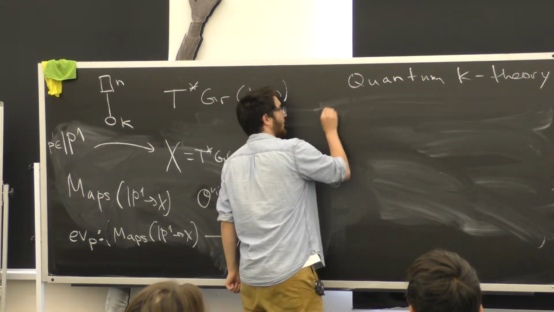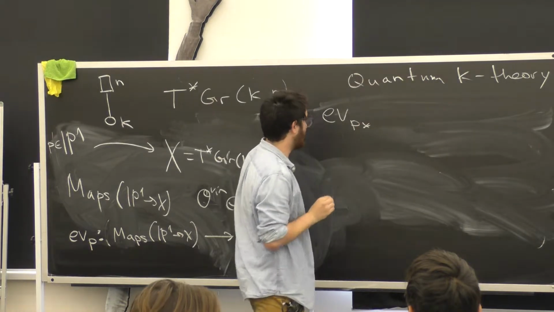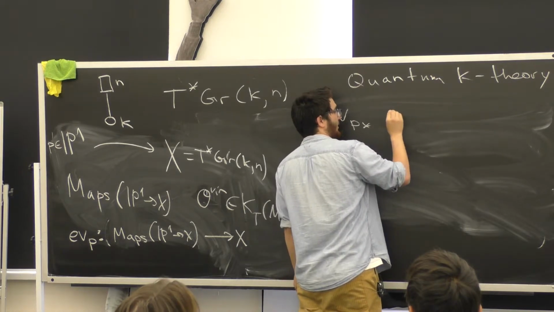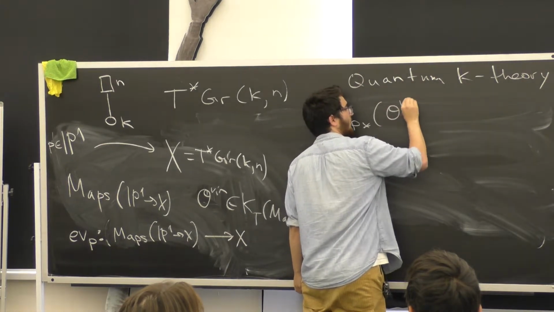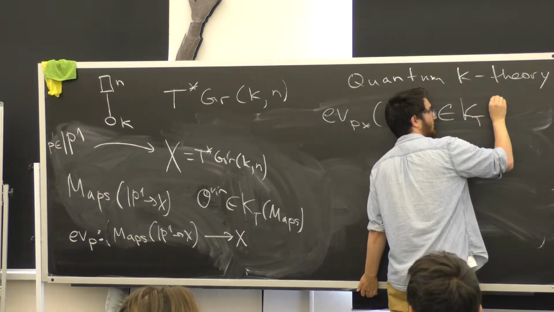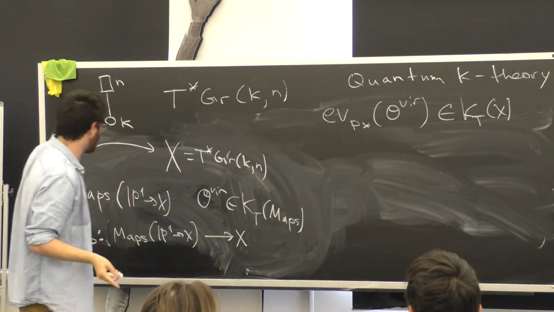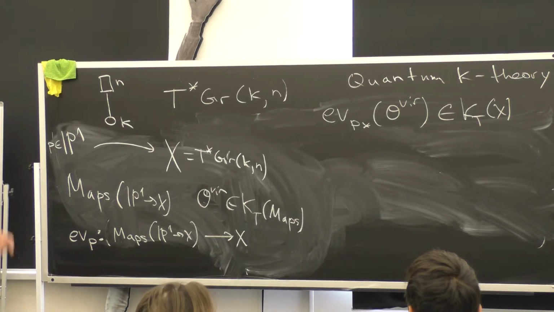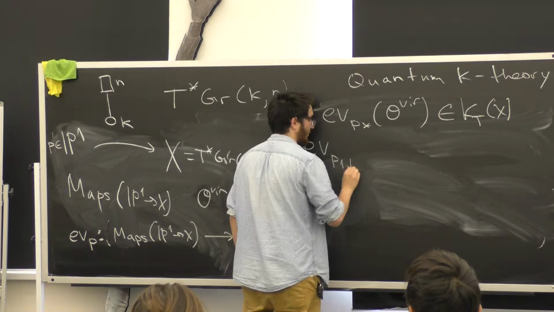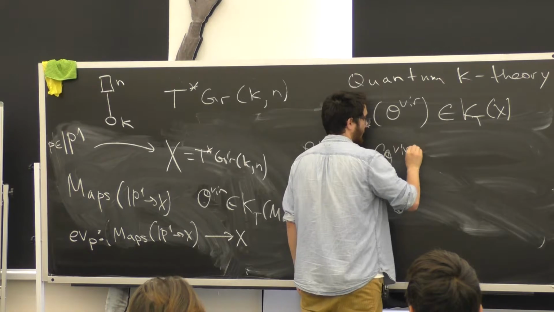So you can take the evaluation pushforward at p, sorry, and you will get a class in K-theory of X. You could also take, if you chose 1 point, you can choose 2 points. So you can also take evaluation at 2 points. Take the same class.